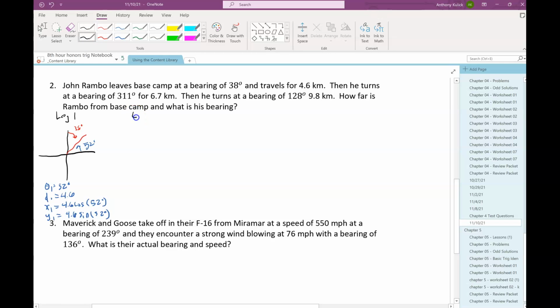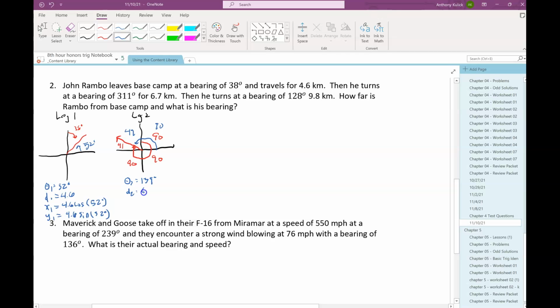If we look at the next leg of our journey, that's 311 degrees. So over here somewhere, 90, 180, 270, and then 41 more, which means this is 49. That's 90, so our theta here should be 90 plus 49, so 139.